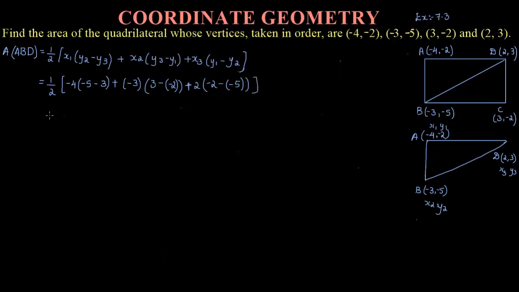So what are you going to have in the next step? Half will be as it is, minus 4, minus and minus, so you will be adding that and you will be writing the bigger number's sign, that is negative. Then you have plus into minus, minus 3 you will write as it is. 3 minus into minus, it will become plus, right? So 3 plus 2, it is nothing but 5.